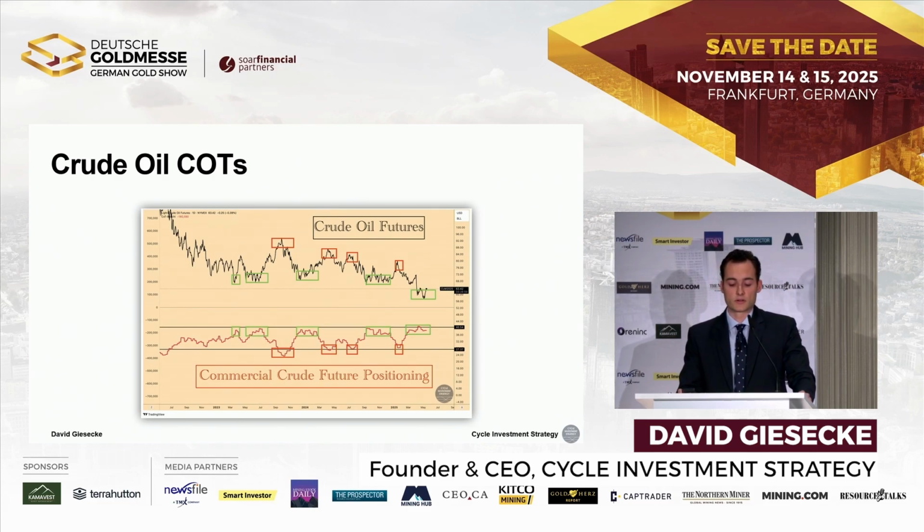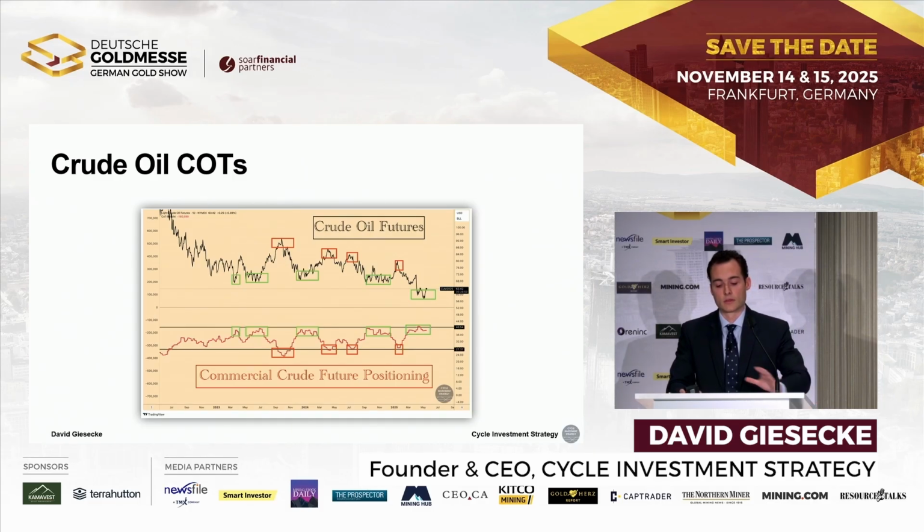We can see here the positioning of the commercials in the crude oil future. The commercials are the ones that actually get their hands dirty in the sector, the producers, the physical merchants, so the smart money that knows how the market dynamics work. And we can see that they are now highly allocated, positioned on the upper end of their positioning band.